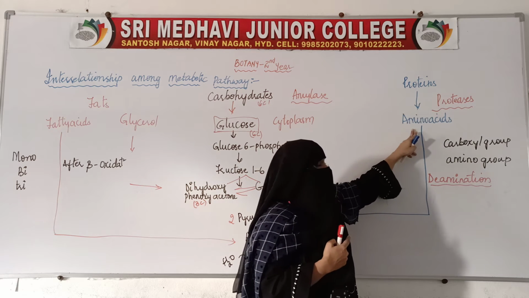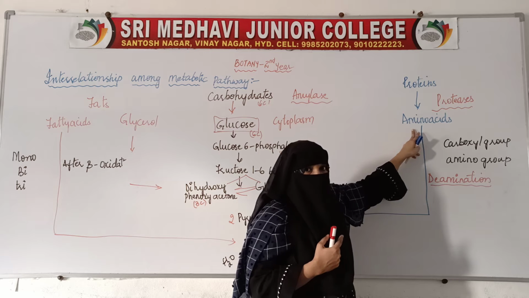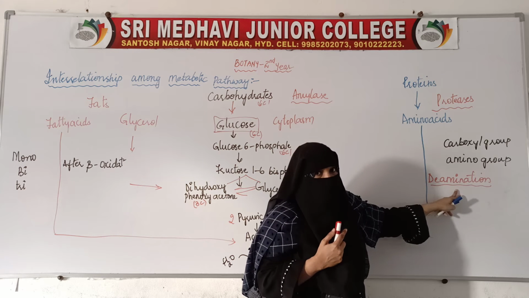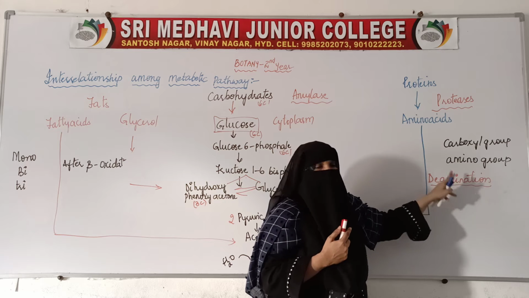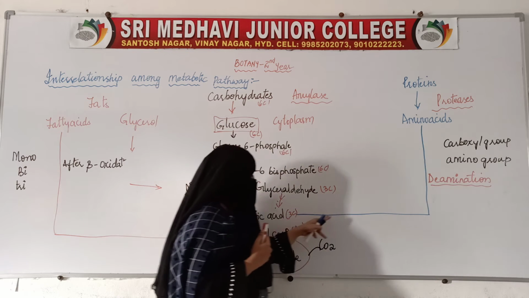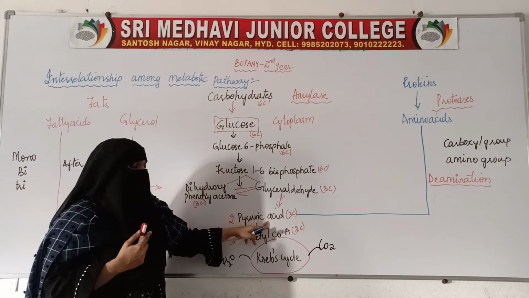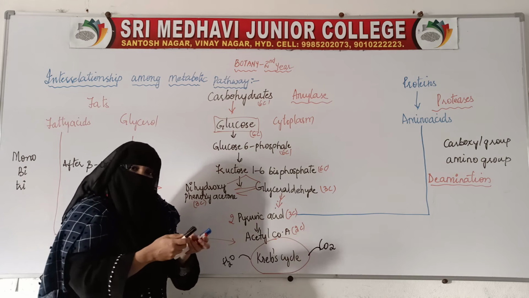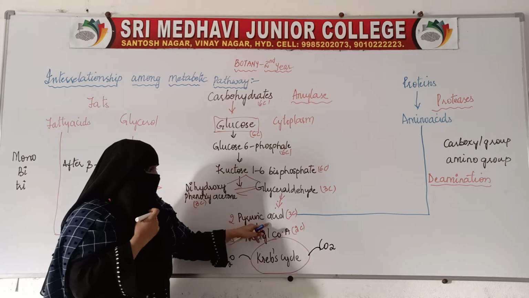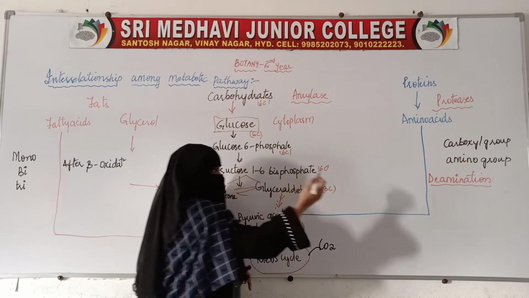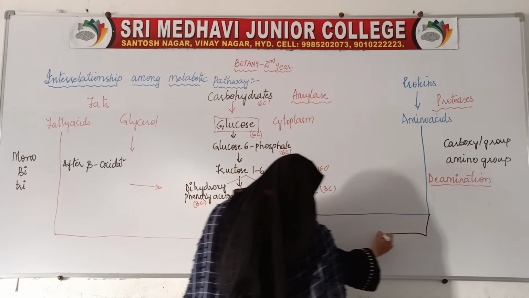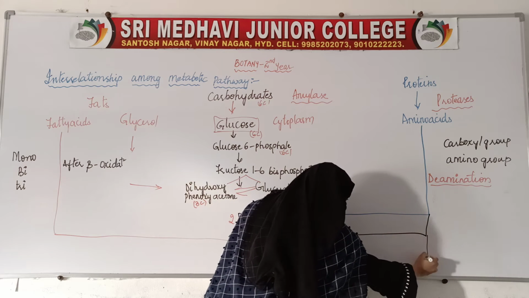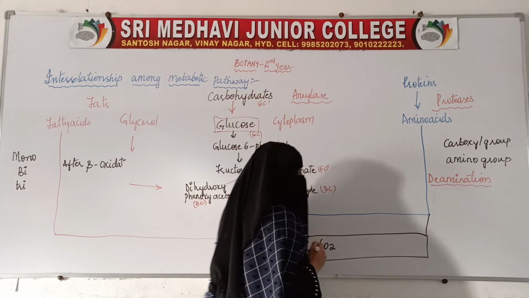Proteins are converted into amino acids, then with deamination they lose the amino group, and they join the respiratory pathway. Sometimes they join at pyruvic acid, sometimes at acetyl coenzyme A, and sometimes they directly join into the Krebs cycle.